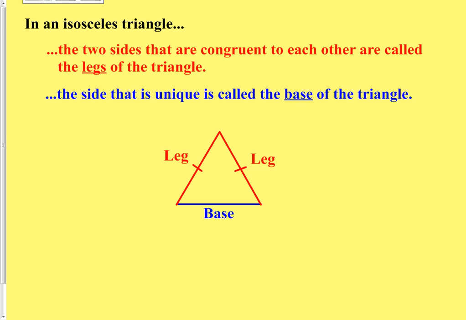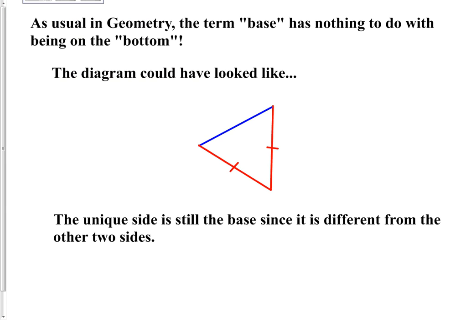And of course, as we've said several times throughout our travels in geometry, being a base has absolutely nothing to do with being on the bottom, nor does height have anything to do with being up and down. These locations could be anywhere in the figure, so it's important to understand the definition so you know what conditions you are looking for in the problem, not just what positions in the problem.